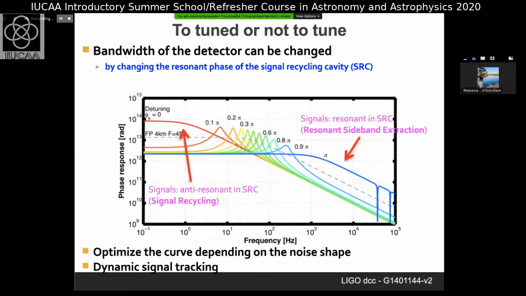So you can optimize the curve shape depending on the noise. For example, if you see one particular noise source at say 100 hertz, then you can tune the length of your signal recycling cavity to suppress the noise level there by increasing the phase response at that particular frequency. So this is what a recycling cavity does.